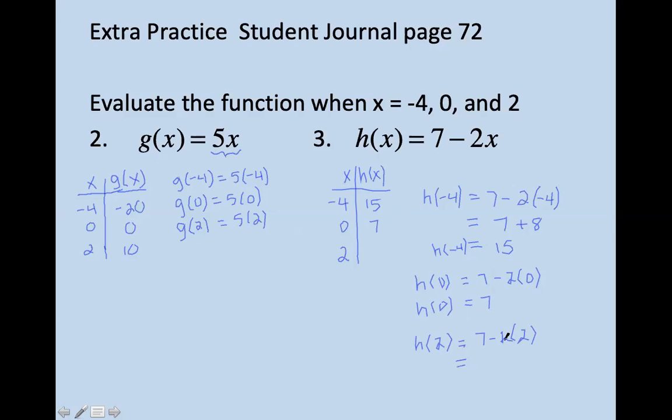Again, I'm going to multiply first. -2 times 2 is a -4. So 7 minus 4 results in 3. So the value of the function at 2 is 3.